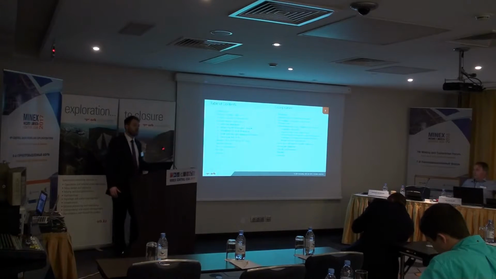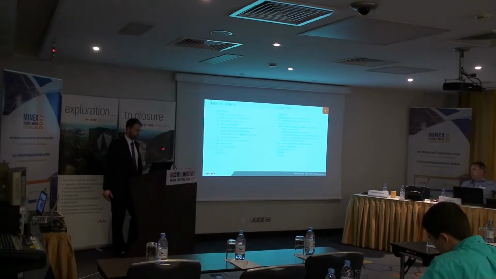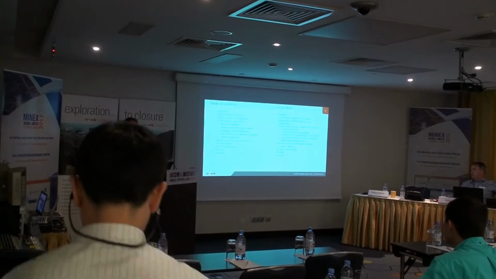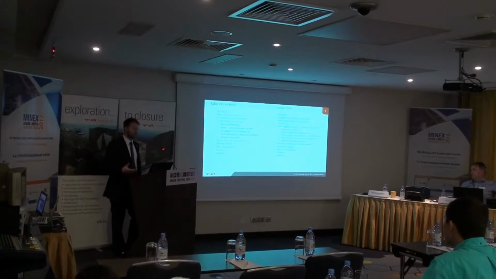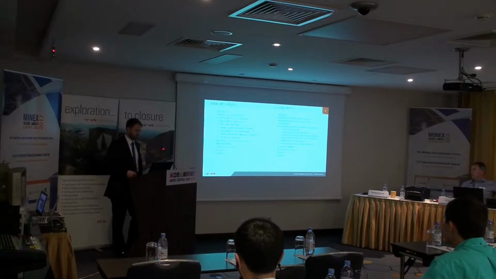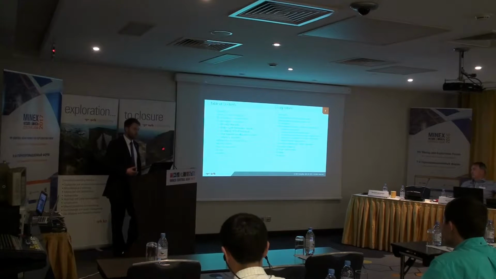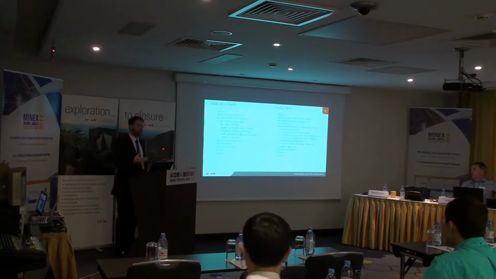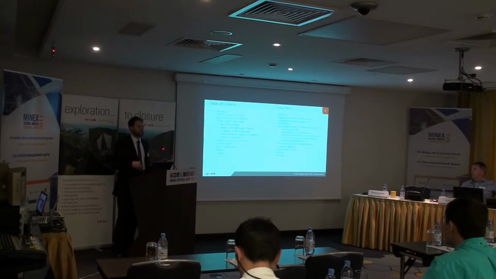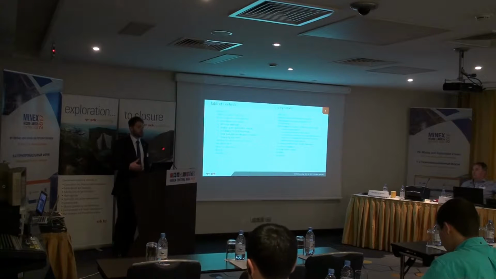So this is a brief overview of what we're going to be talking about for the next 45 minutes or so. We're going to have a quick introduction, followed by how companies define their strategic objectives and how that influences selection of pit shells. We're going to talk about the inputs which go into pit optimization, and then we're going to use a case study to go through the general process of how you generate and select the optimal pit shell which meets your objectives.